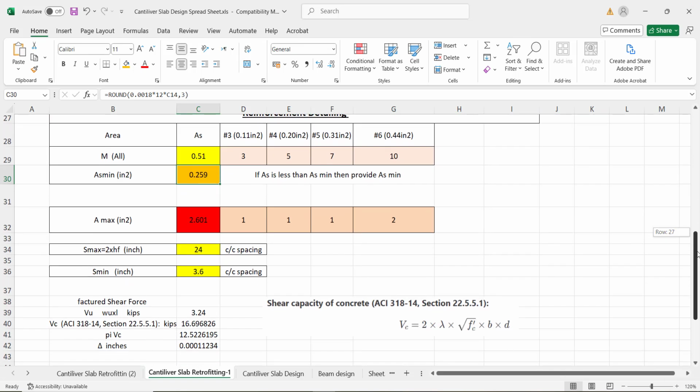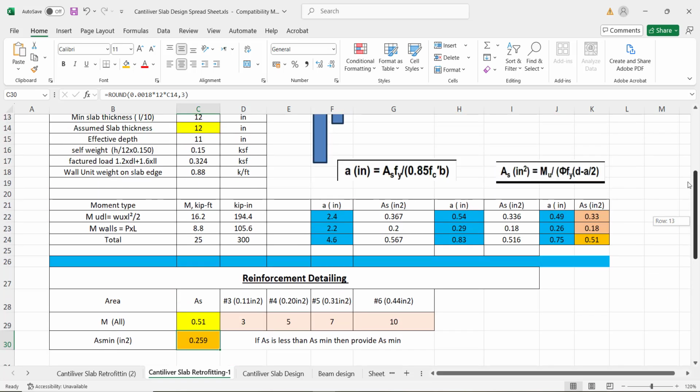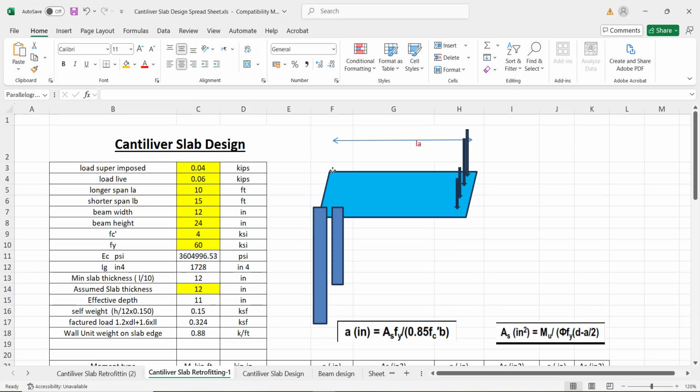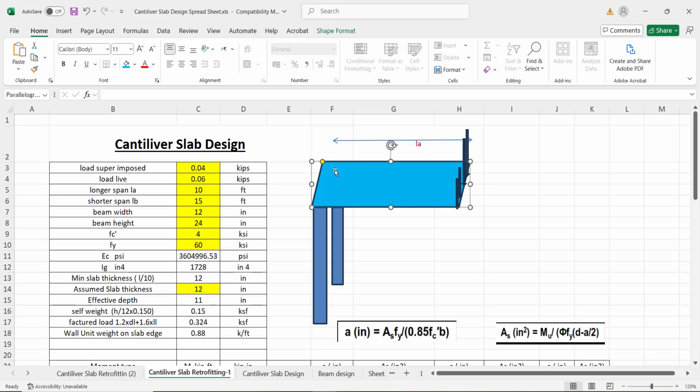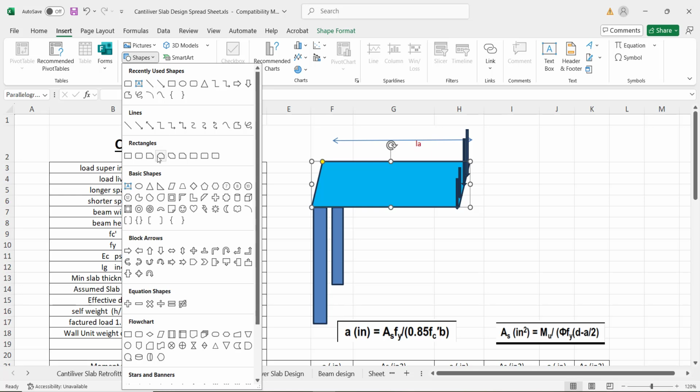Another important point is that the main reinforcement will be on the top of this slab. Let me show you, suppose this is the plan.